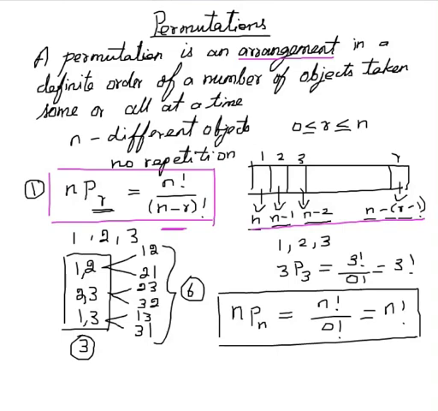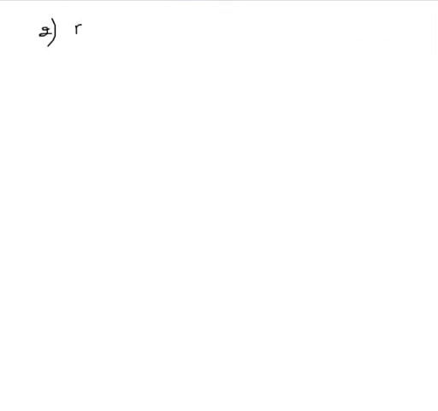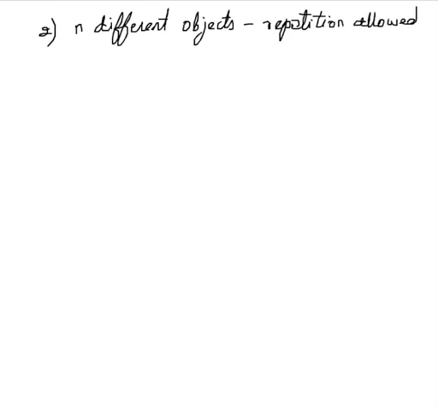We are going to learn 3 permutation formulae. The second formula: here also we have n different objects, but repetition is allowed. For example, we have to fill up r positions.